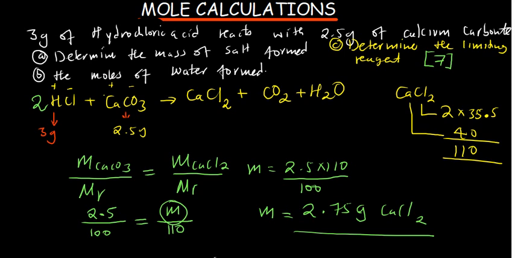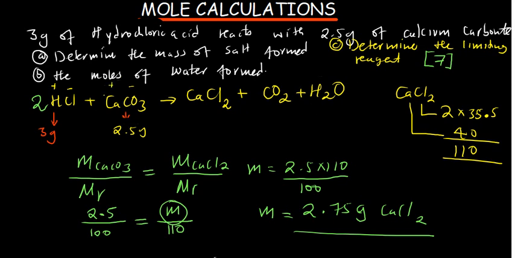All right. Now the next question is saying find the moles of water formed. If you can see in this reaction, considering the limiting reagent with the water, the mole ratio of the limiting reagent and water is 1 to 1.